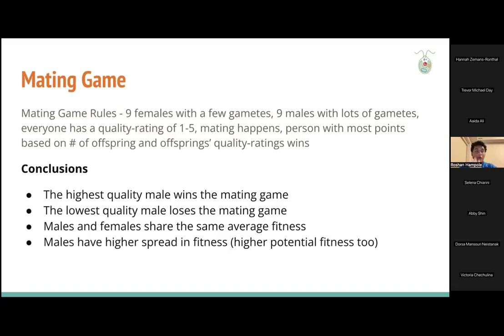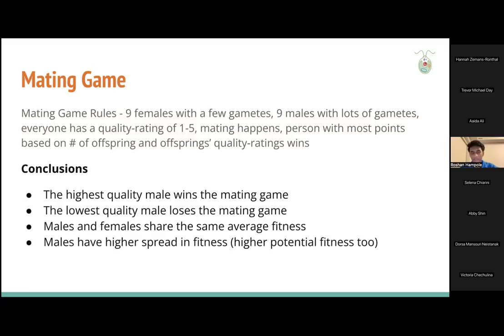So there's only 4 things you need to take away from this entire part of the lecture, which is that first, the highest quality male wins the mating game. The lowest quality male loses the mating game. Males and females share the same average fitness, and this is just because of the fact that there's an equal number of males and females. That's why this fact is true. And then lastly, males have a higher spread in fitness and a higher potential fitness too.